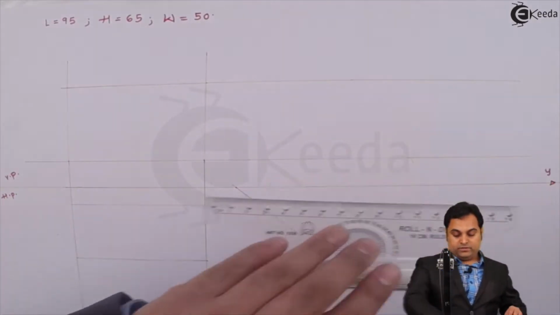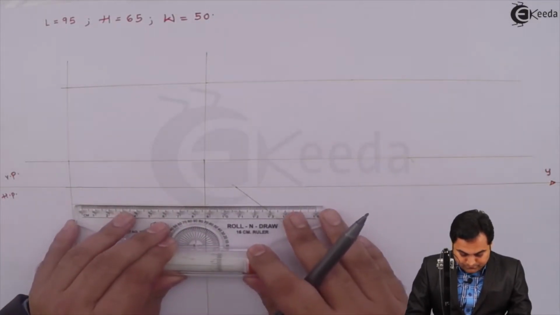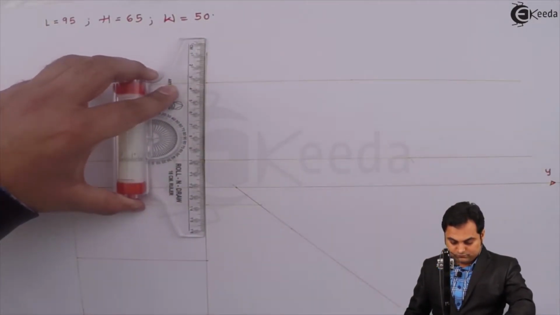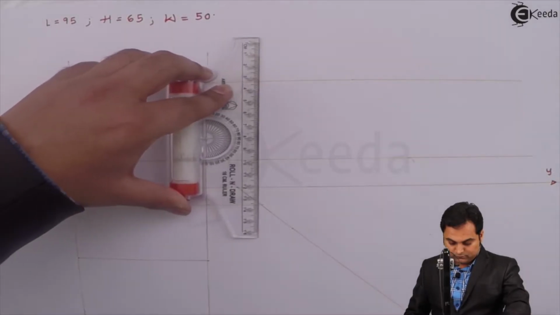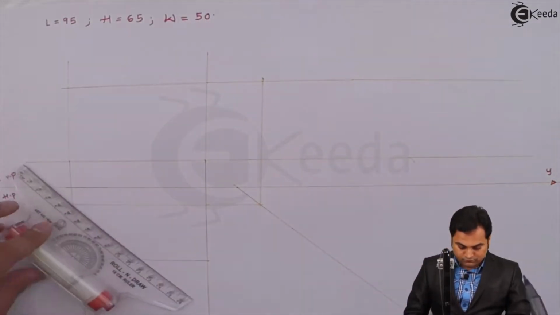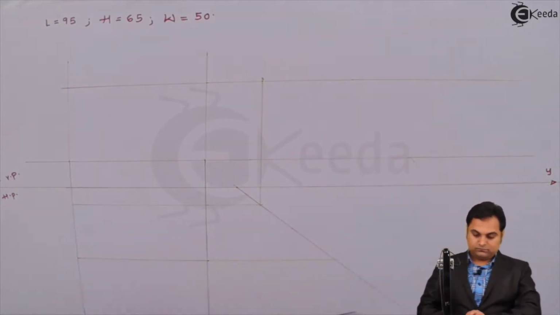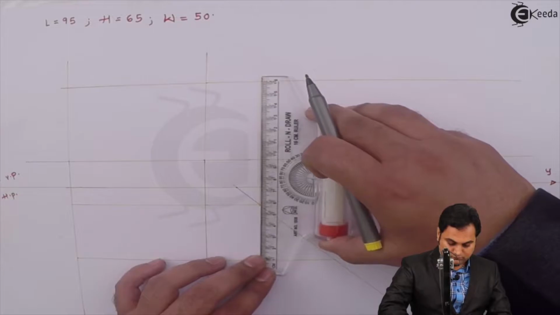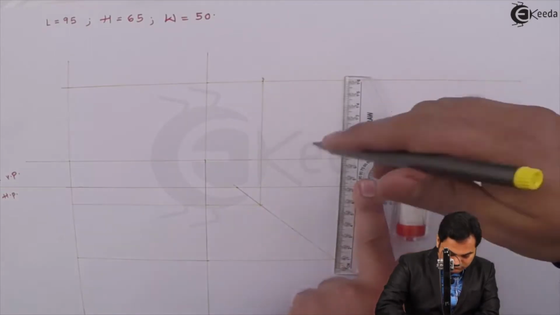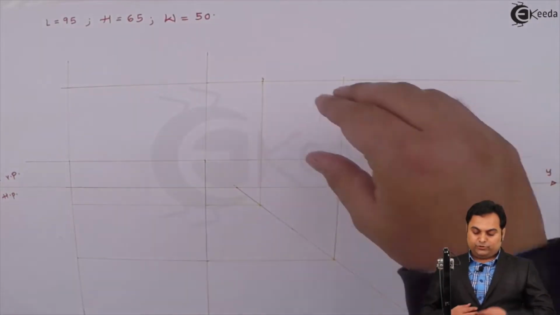So height I have projected from the front view, width I can get it from the top view. So here inside this rectangle, I'm going to draw the side view.